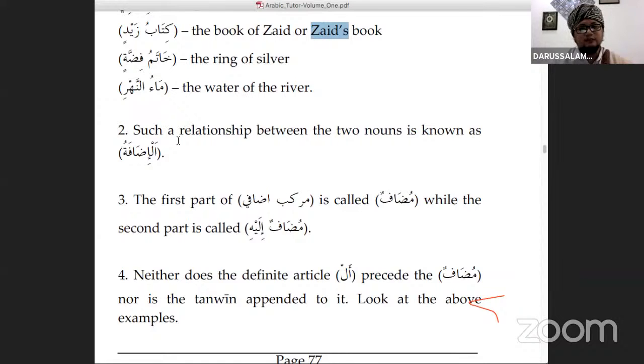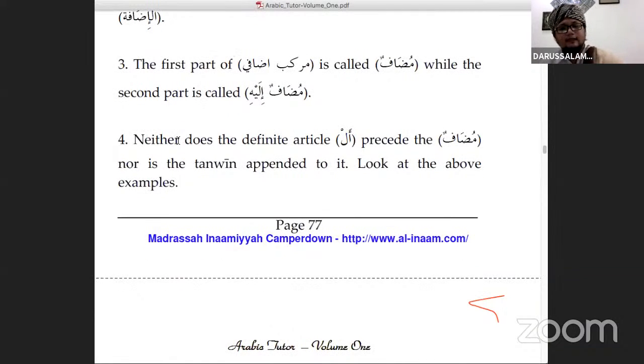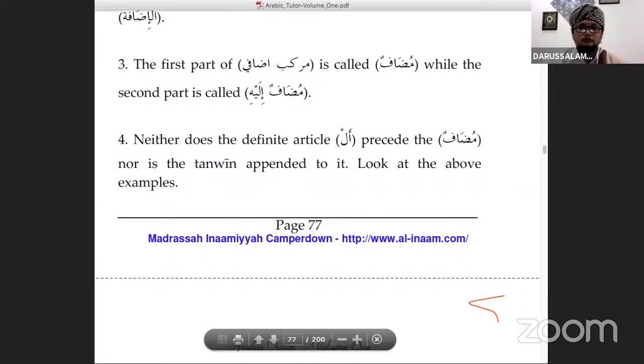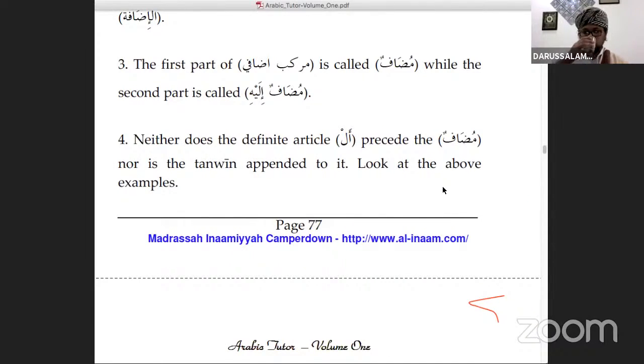So we said the first part, the mudaf. Okay, there are only two things that you have to remember for mudaf ilaih. Two things. The first part, the mudaf, can never have alif lam and it can never have tanween.